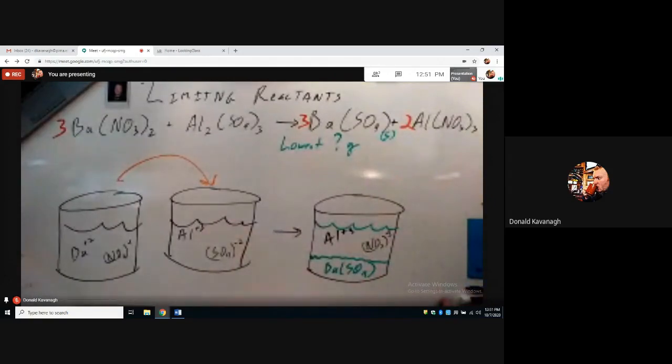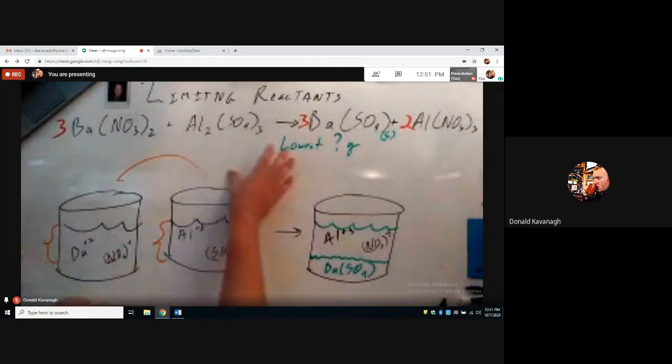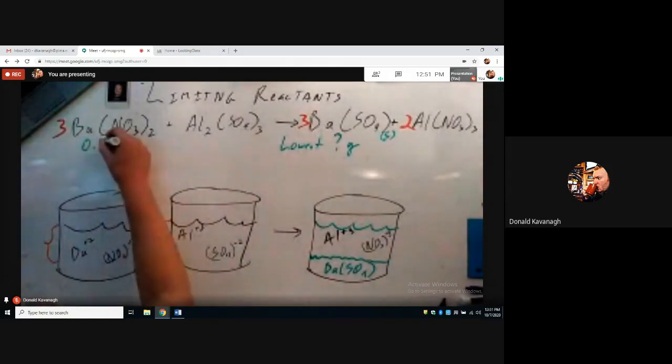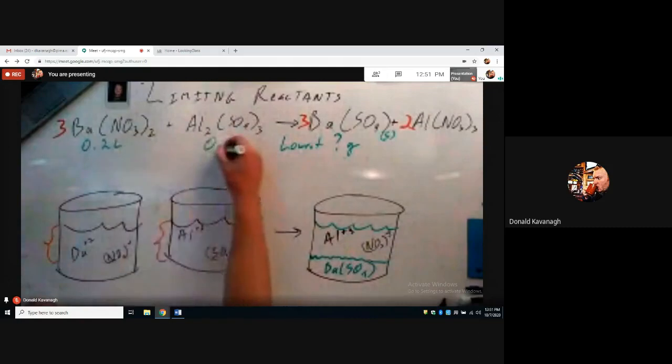Now, these 2 solutions here have to be characterized by the volume, just like how much is there, and also by the concentration or molarity. And for the sake of this problem here, I'm just going to come up with some numbers. Let's say we have 0.2 liters of each solution.